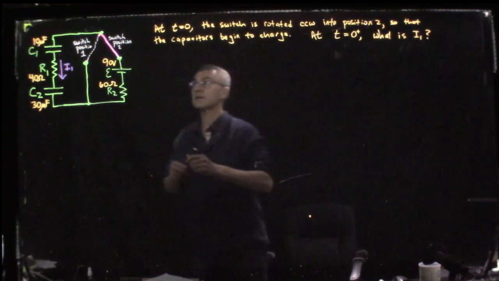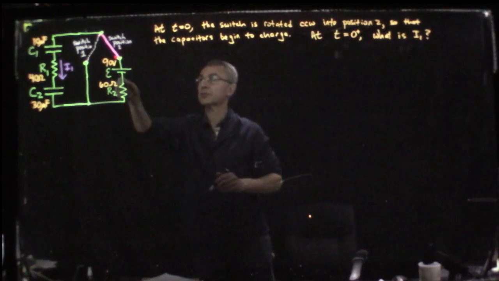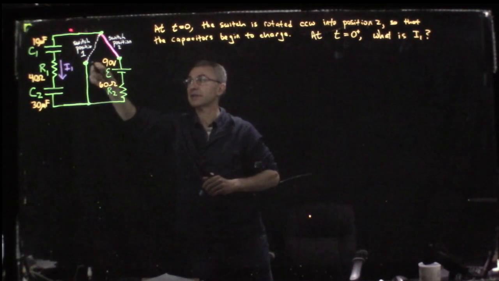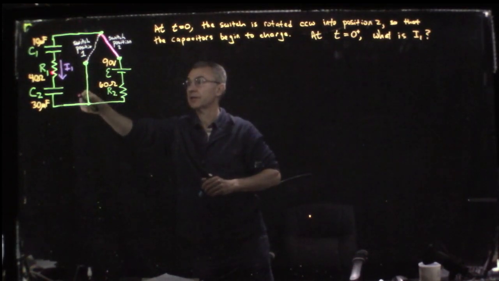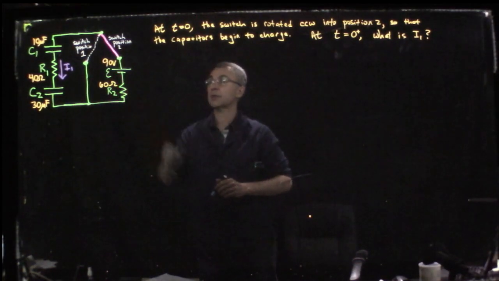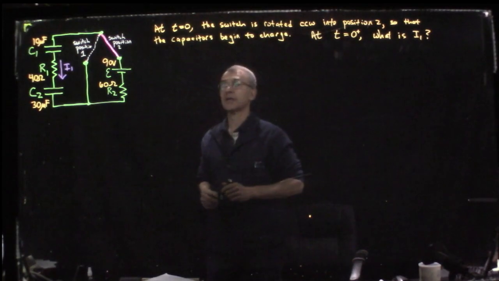So I moved the switch over to position 2, so current is flowing out of this top side of the battery, across the top, down through the capacitors and resistors, back through R2 up into the negative terminal of the battery.